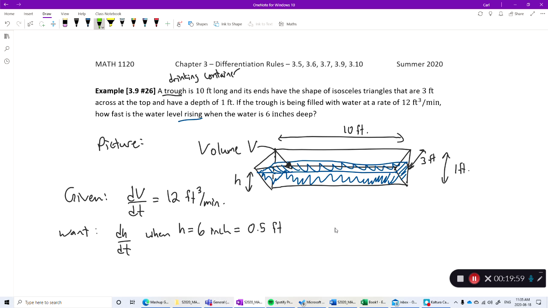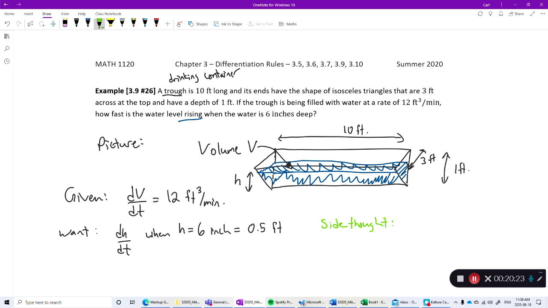So just a little side thought. How is the height changing? Well, initially when we start pouring the water, the height will be increasing pretty quickly because the trough is not very large, because it's narrower at the bottom. So it'll fill up pretty fast. But then as it gets wider, that same volume will get spread out.